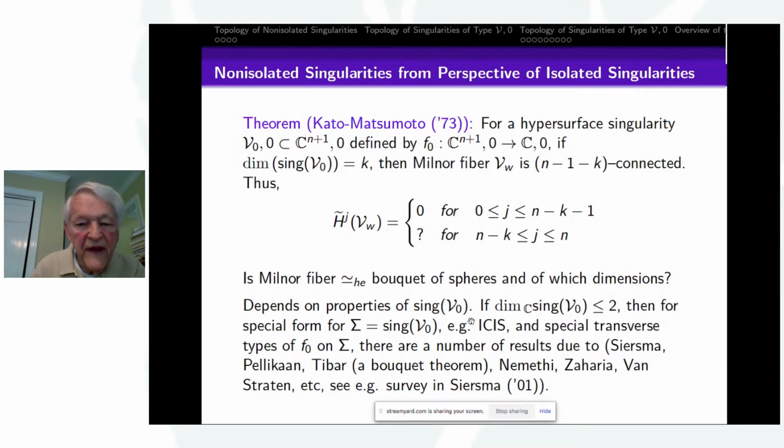And in a number of cases, they do obtain a bouquet of spheres, but now the spheres can have varying dimensions: n, n-1, even n-2. Okay, matrix singularities complicate things because they can have singularities of much higher dimensions. And so we need a way of trying to deal with this large range of uncertain dimensions here.